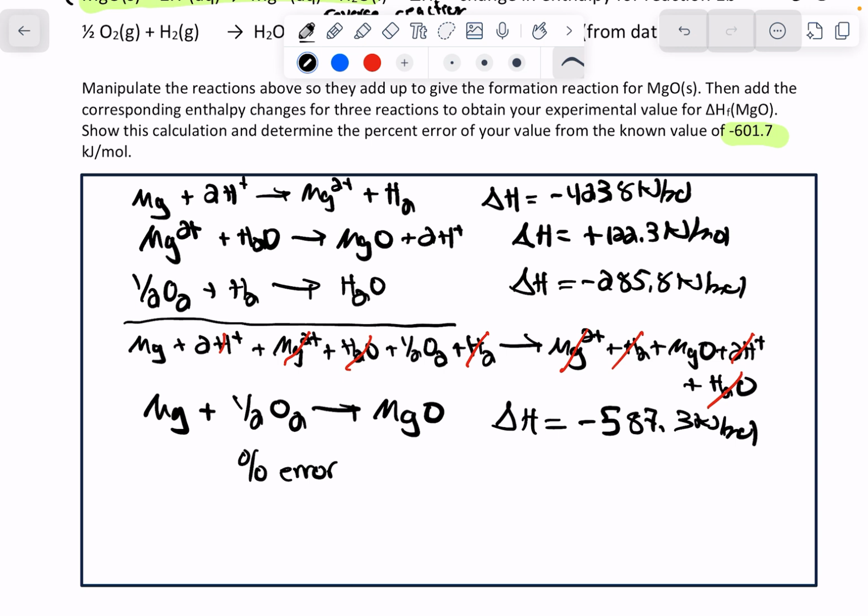So percent error is, I believe, experimental, 587.3 minus negative 601.7, divided by negative 601.7, times 100. And I got an answer of negative 2.39%.